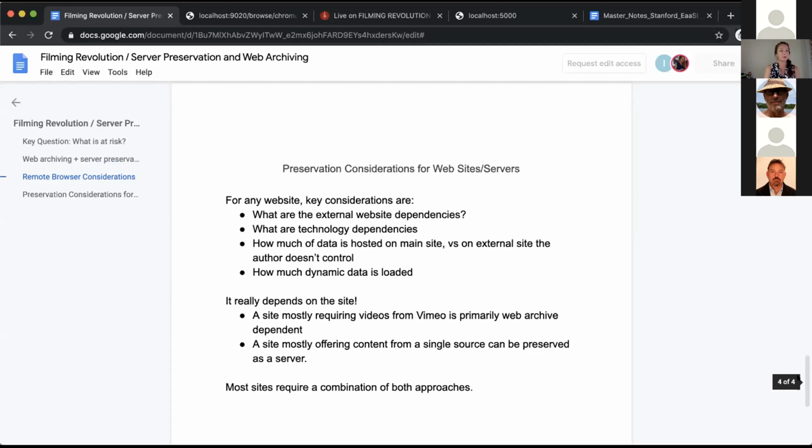So for example, for a site with primarily video-based content, a web archive is really the only way to go. But if it's a custom web server that doesn't use Vimeo, then maybe a simple server preservation may be sufficient, although most sites will probably require a combination of both to have the full preservation and complete user experience as intended.